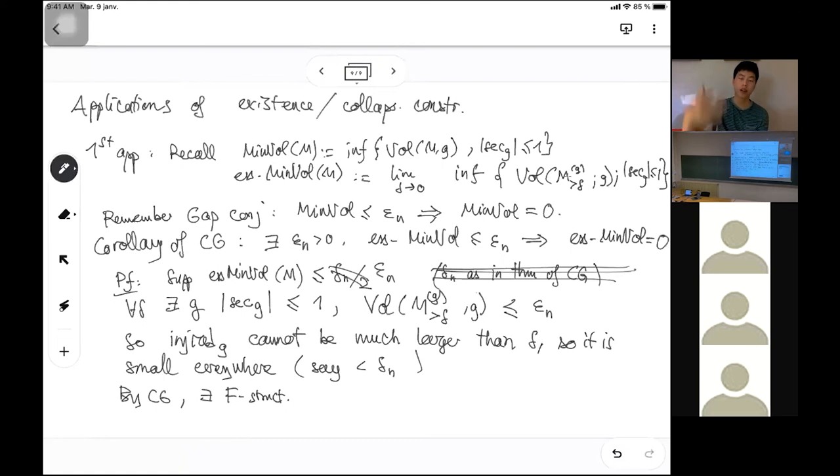And now you apply the converse of this theorem of Cheeger-Gromov. Now that you have an F structure of positive rank, you apply the collapsing construction, and you get a family of metrics collapsing, that exactly means that the essential minimal volume is zero.